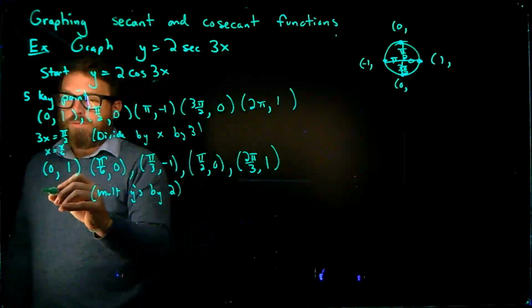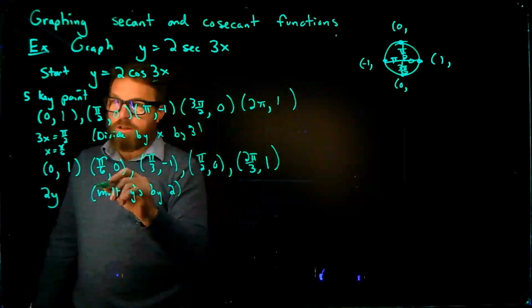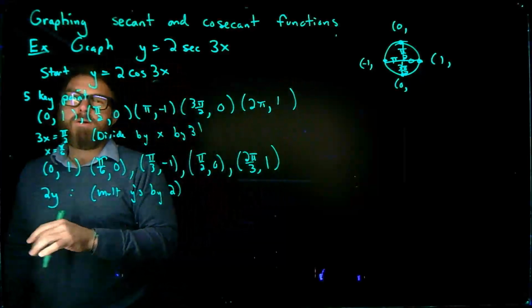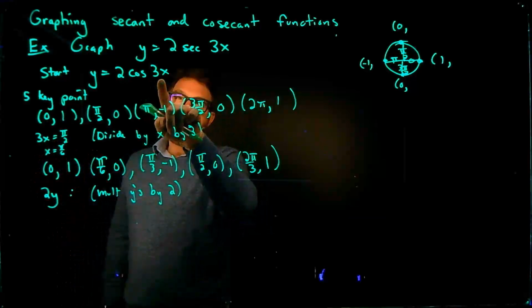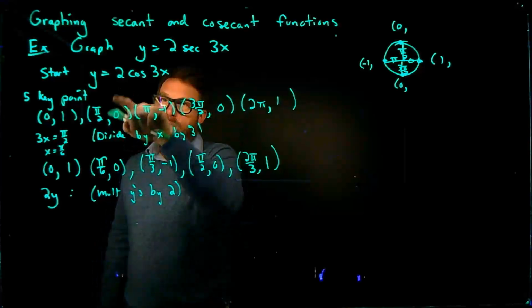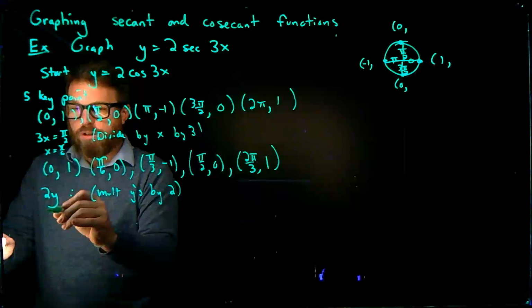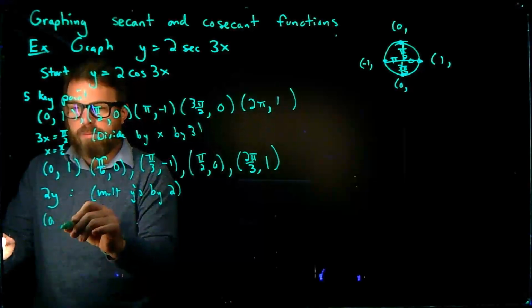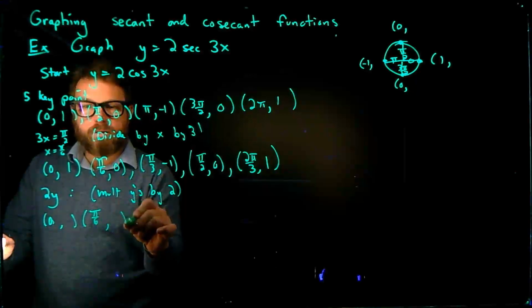So really I'm just saying 2y, y being these coordinates here. This is your x compression, which means you're using algebra to do that, and then your vertical stretch, you're using evaluation to do this. So just multiplying all the y's by 2. The x's stay the same, and I'm just going to double all the y's.